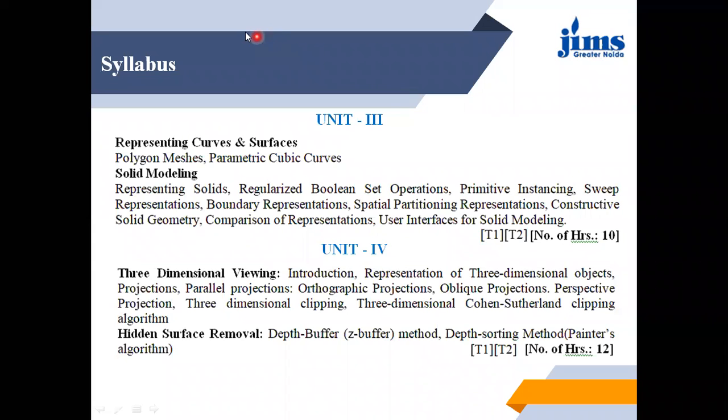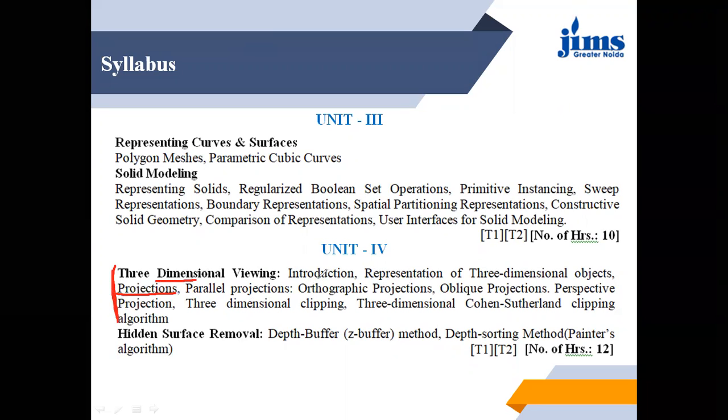The fourth unit is concerned with projection. This unit is also very important. In this, there are two questions based on projections, and these two questions are theoretical. Projections in three-dimensional 3D projections.